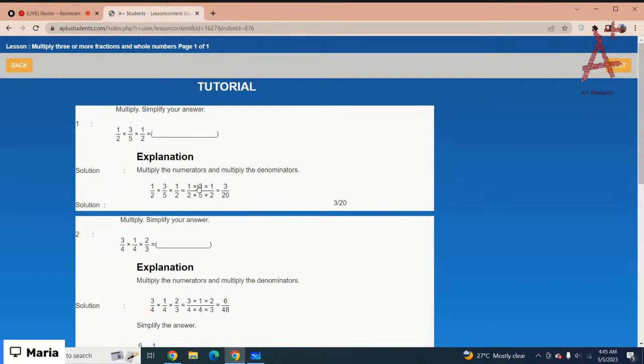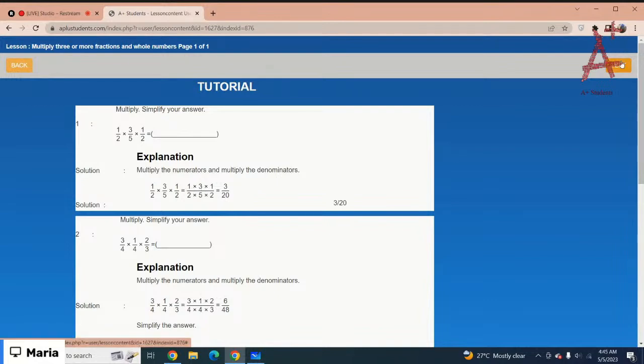Just look at the first example, 1 by 2 times 3 by 5 times 1 by 2. You have to multiply all the numerators, 1 times 3 times 1, and then you have to multiply all the denominators, that would be 2 times 5 times 2. So 3 times 1 is 3, 5 times 2 is 10, and 10 times 2 is 20. So it would be 3 over 20.